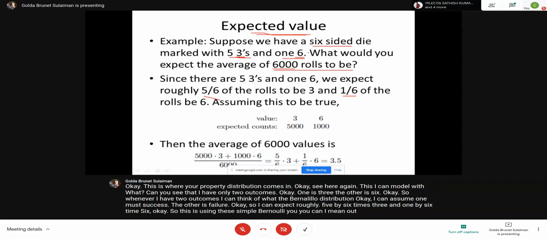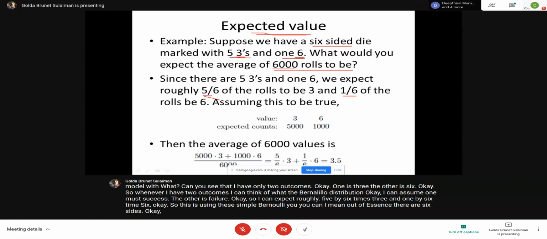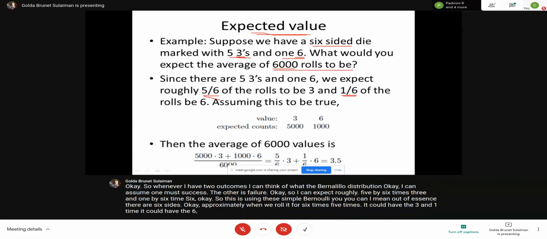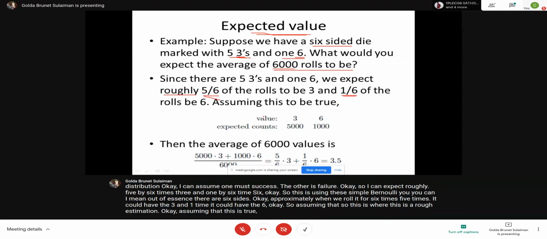Since there are 6 sides, approximately when we roll it 6 times, 5 times it could have the 3, and one time it could have the 6. This is a rough estimation. Assuming that this is true, we get the expected count.